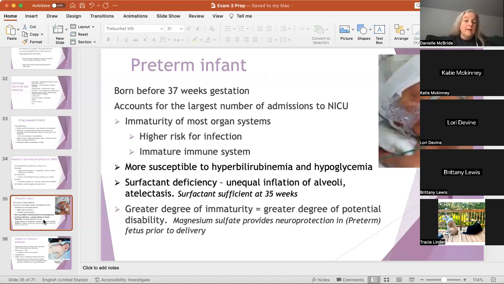Would they still be tachycardic? They could be. They don't usually eat well. So if they have poor feeding and temperature instability, tachypnea, signs of respiratory distress, all of these things we might want to do blood cultures and assess.